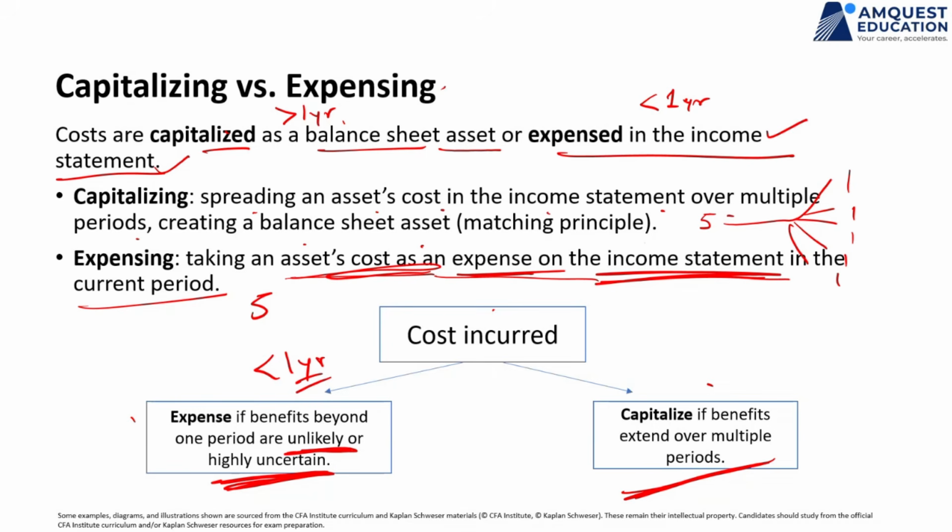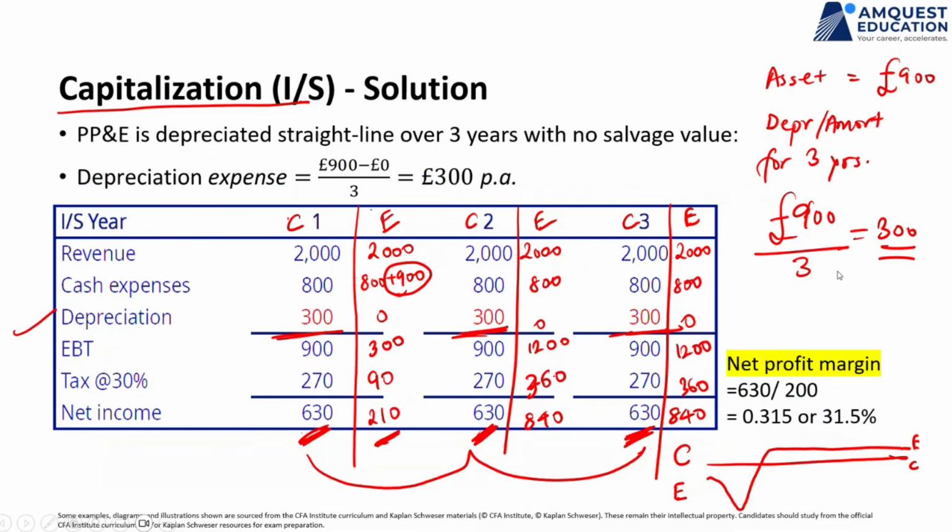I think that is the only difference in capitalizing. You have to create it on the balance sheet like this. In expensing, there is nothing on the balance sheet. All goes in the profit and loss day one, and you're done. Because there is nothing on the balance sheet, there is nothing here in depreciation.